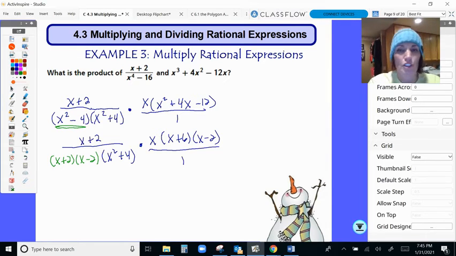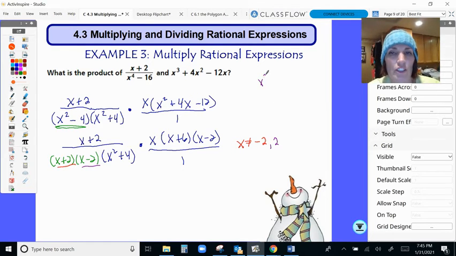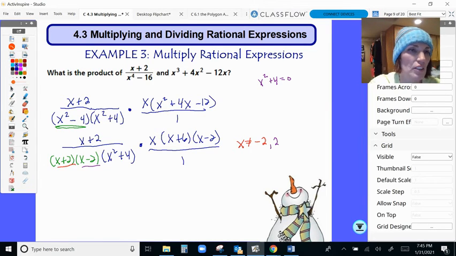Let's identify our restrictions. So x cannot be equal to negative 2. We have a positive 2. And this one's kind of tricky. To find out what that one is going to be, I'm going to come up here and ask, when does x squared plus 4 equal 0?